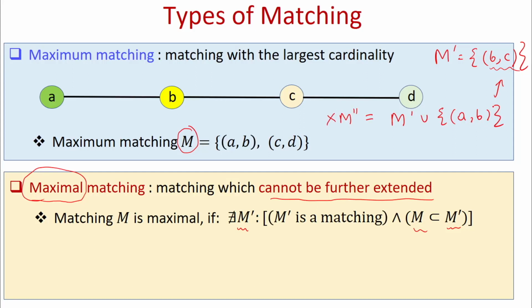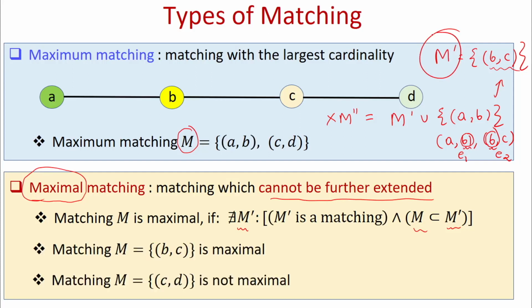In M double prime you will have the edges AB as well as BC, and the endpoints of distinct edges are not all distinct. Here you have edges E1, E2 such that one of the endpoints of edge E1 is the same as one of the endpoints of edge E2, which goes against the definition of matching. So that's why M prime in this example cannot be further extended and hence it's a maximal matching.